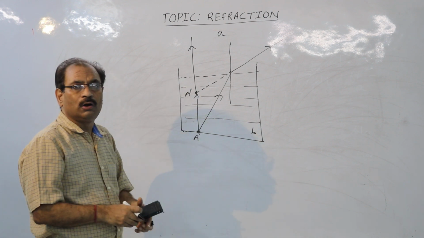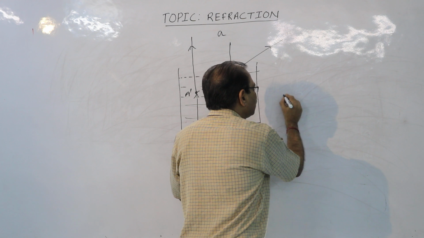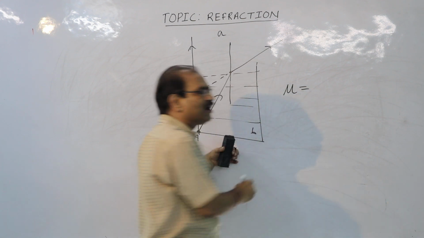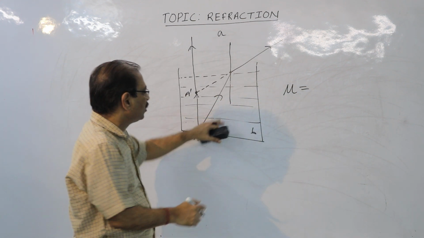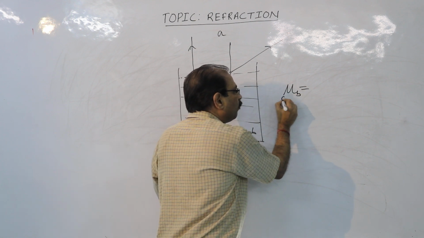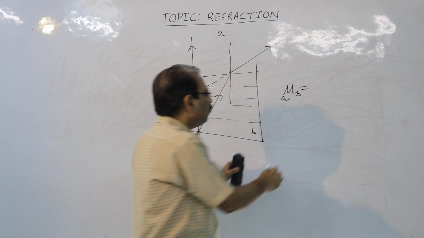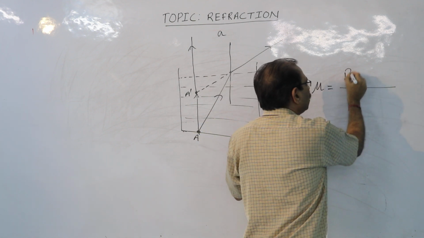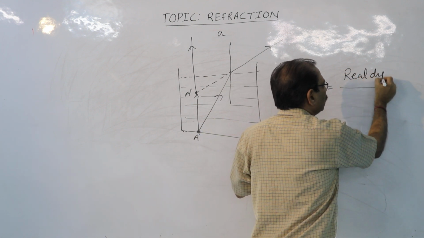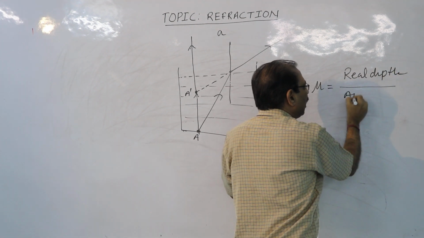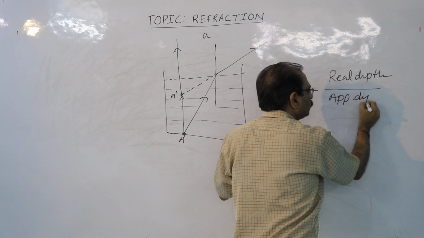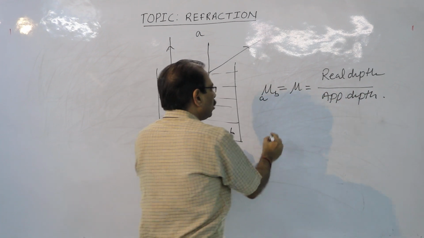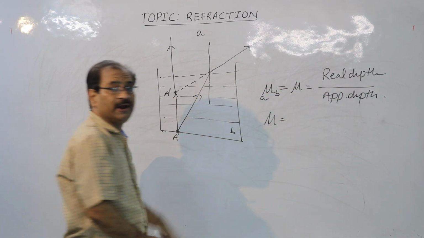So a simple proof is there. The refractive index, absolute refractive index, I must write B with respect to A, which can be further written as mu. It is called real depth divided by apparent depth. Or mu is equal to real depth.